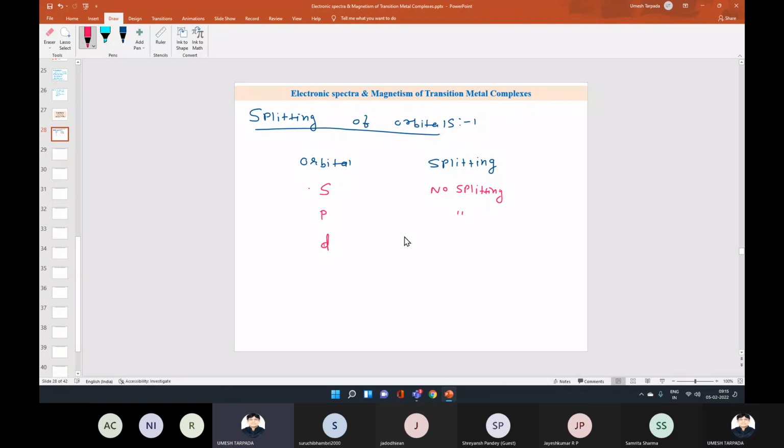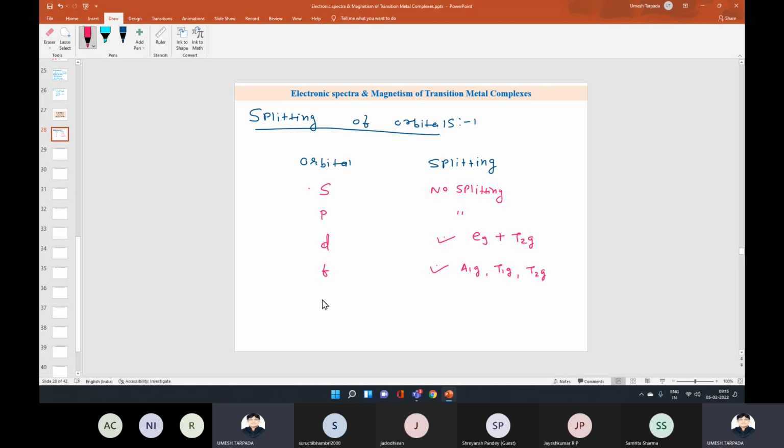That is, it is split into an EG set and T2G. As far as the f orbital is concerned, it also undergoes splitting. It is split into 7 different orbitals: A1G, T1G and T2G, that is 3 plus 3 plus 1, that is 7 orbitals.